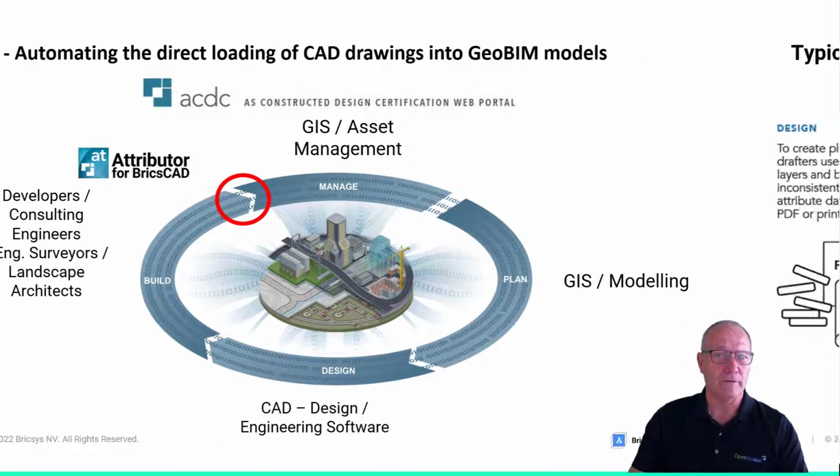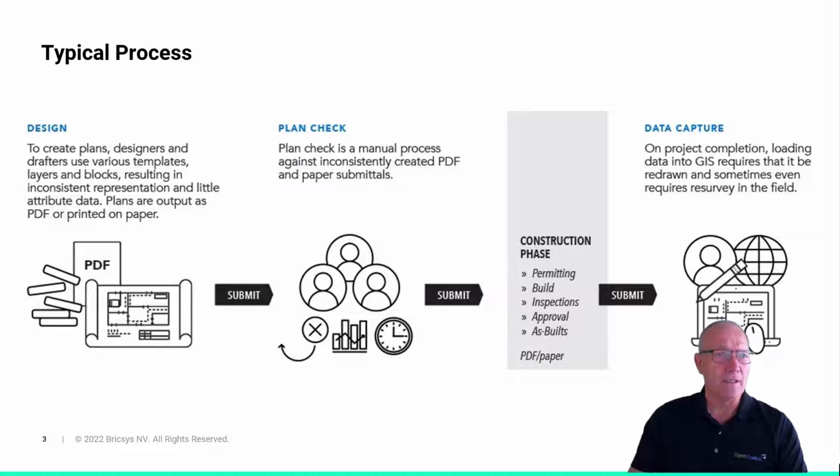If you look at the typical process from design through plan check, through construction, the gray area in the middle, to data capture, the data capture and management part is the beginning of years and years, 80, 100 or more years of management of those assets.